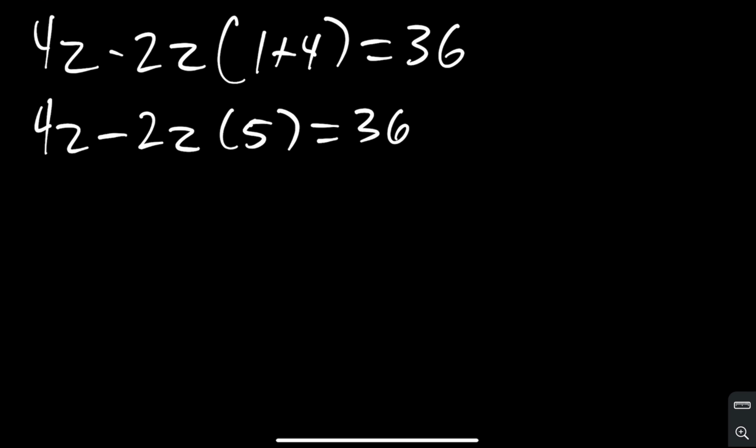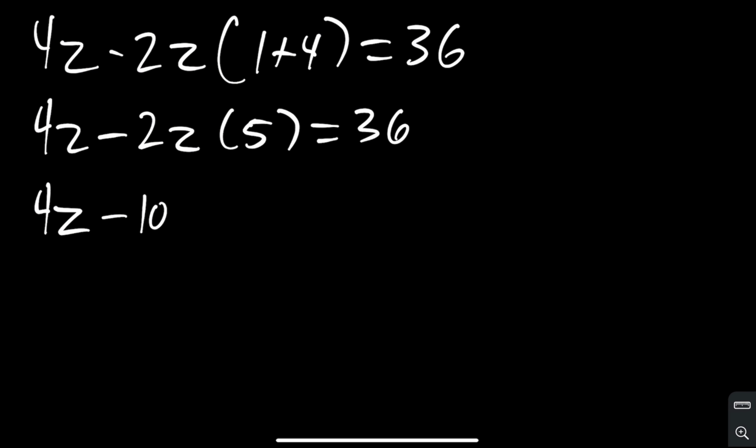We move to our exponents, but we don't have any. So we move to multiplication and division, and we only have one multiplication, which is 2z times 5. We carry the 4z minus, and then we have 2 times 5, basically. 2z times 5 gives you 10z.